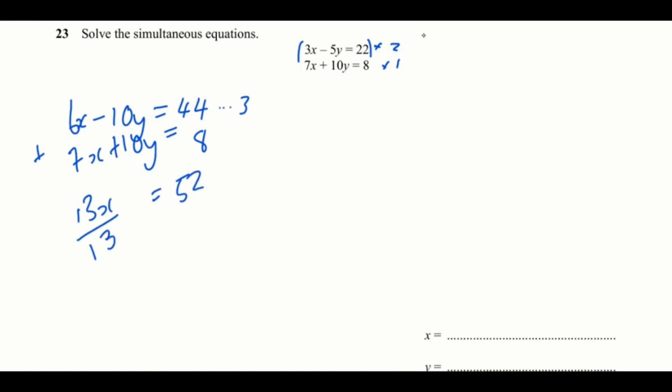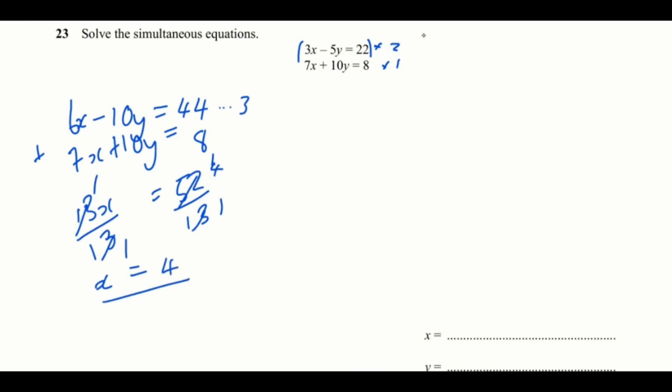Then I divide both sides by 13. Here I get 1, here I get, 13 into 52 is 4. My value of x is 4.